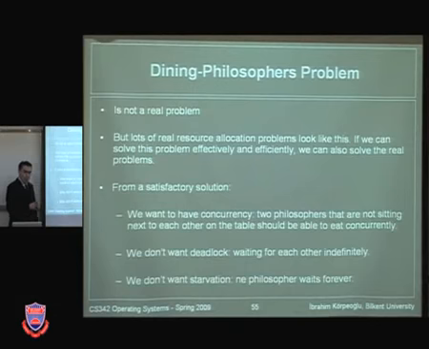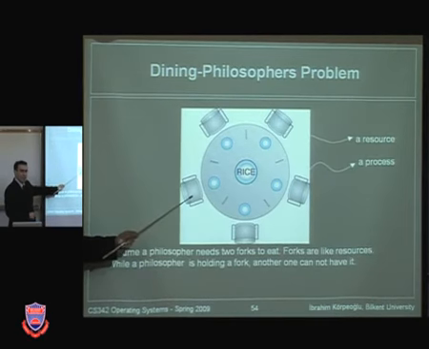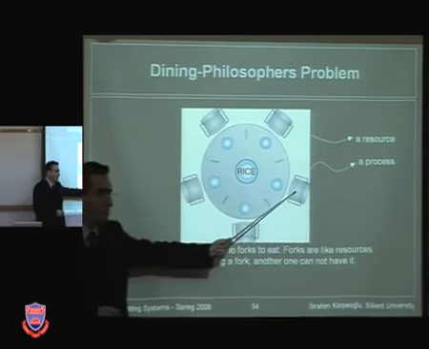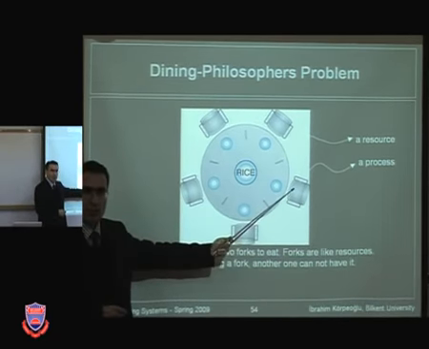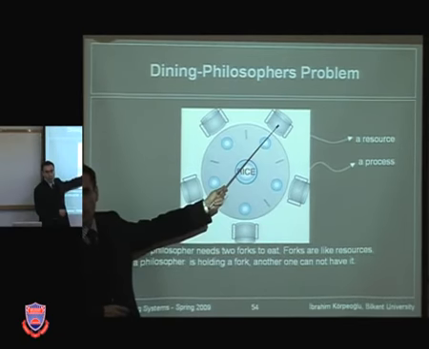A solution to this problem has to have some properties listed here. We want the solution to be concurrent, to provide concurrency. What does it mean? If this philosopher process is eating, do you think that one can eat? No, right? What about this one? Yes, that philosopher should be able to eat. If it is not eating, that one should be able to eat, right?